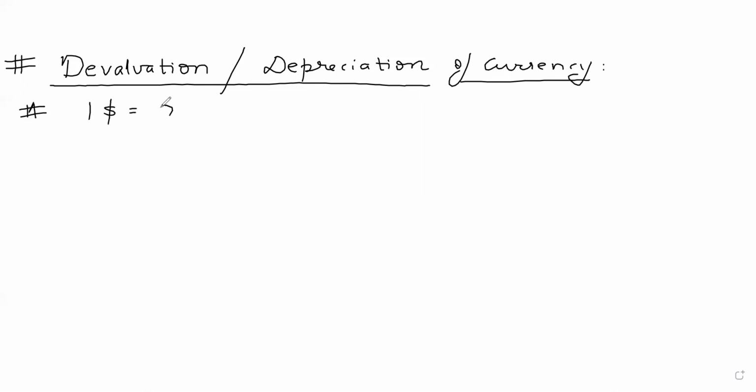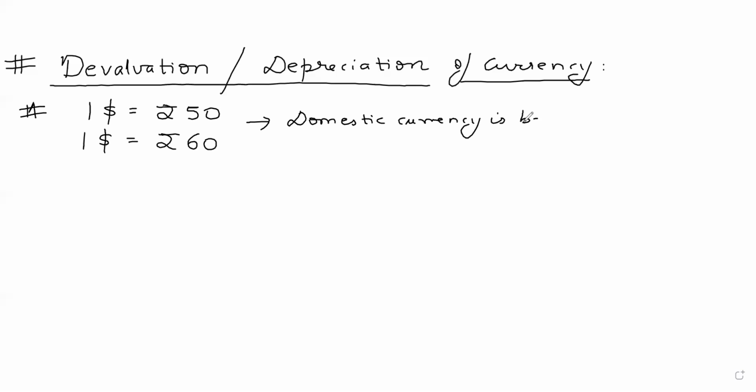Hypothetically, $1 is equal to 50 rupees. Now it becomes 60 rupees. So we can say that the domestic currency is becoming relatively cheaper for the foreigners.